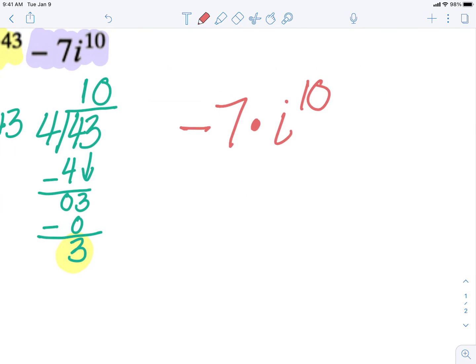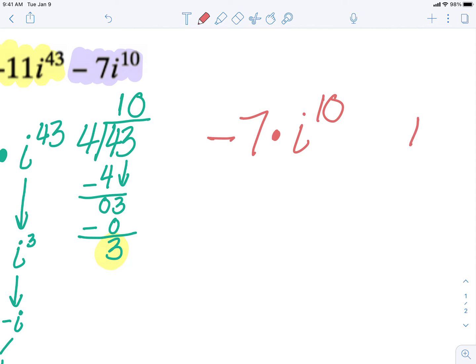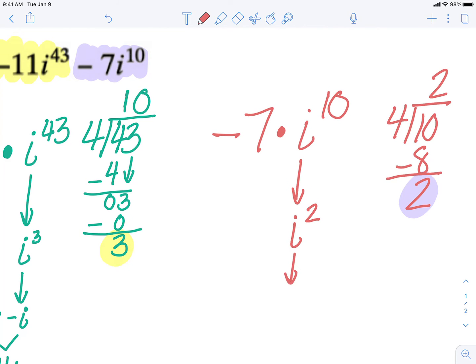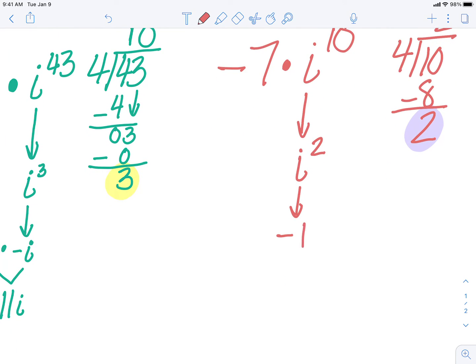So again, I'm going to take 10 and I'm going to divide it by 4 here on the side. 4 goes into 10 2 times. 4 times 2 is 8. 10 minus 8 is 2. This is my remainder. So this I is going to become I to the power of 2. And we know from our imaginary key I to the power of 2 is negative 1.